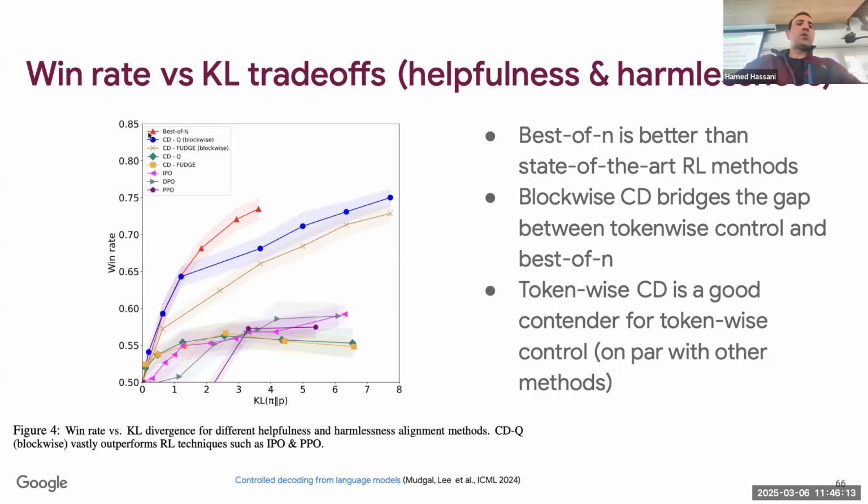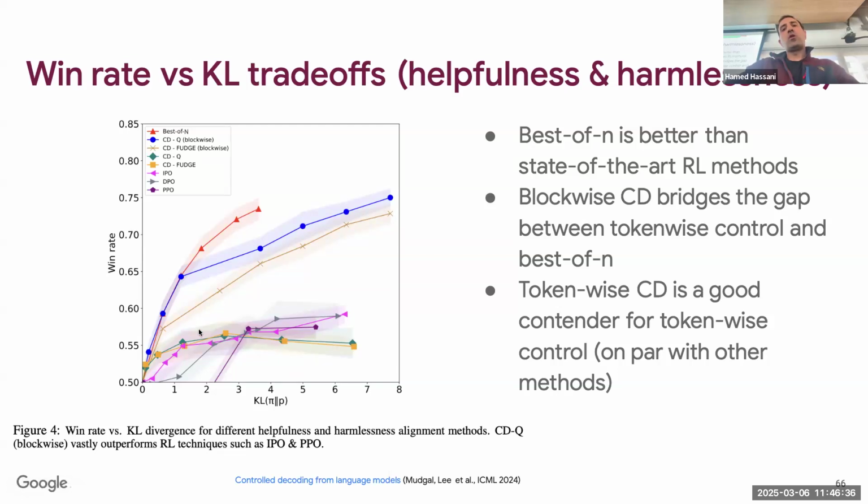Here I'm showing control decoding, some of the state-of-the-art methods like IPO, DPO, basically solving the KL regularized RL through PPO and so on. And what we're seeing here is that best of n is actually the best win rate versus KL trade-off over all of these methods.